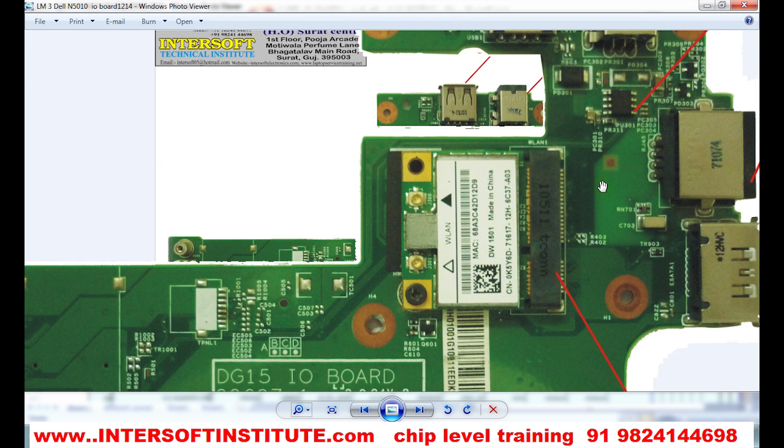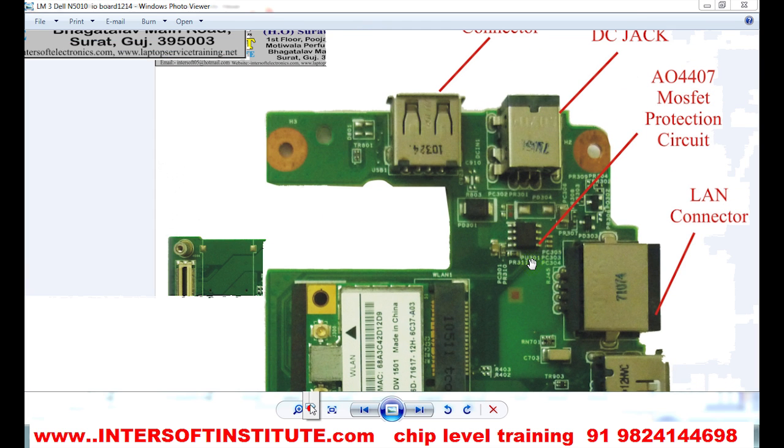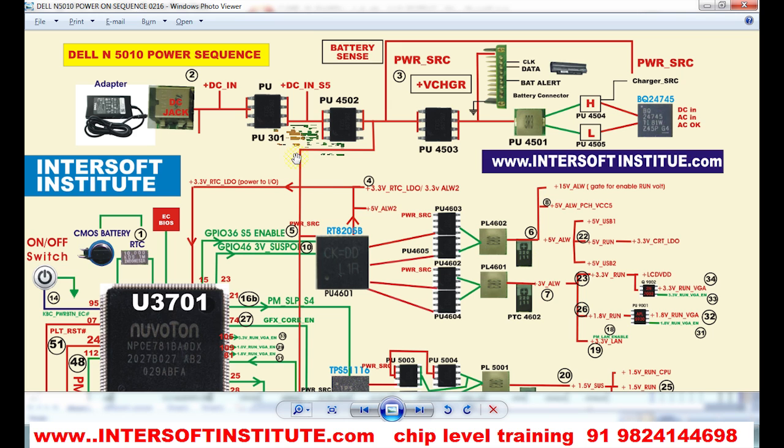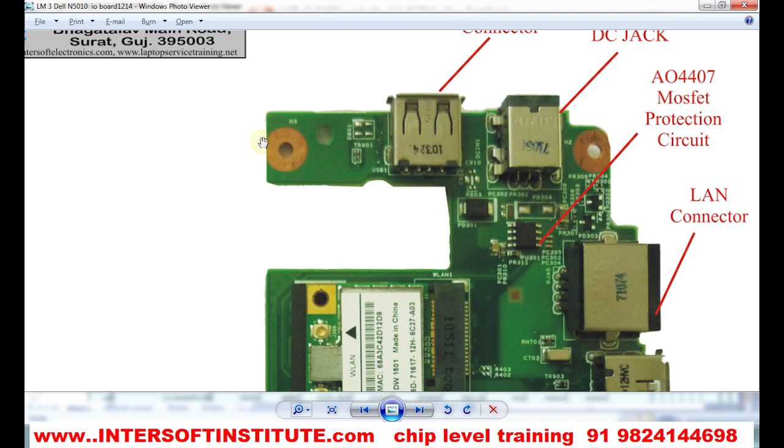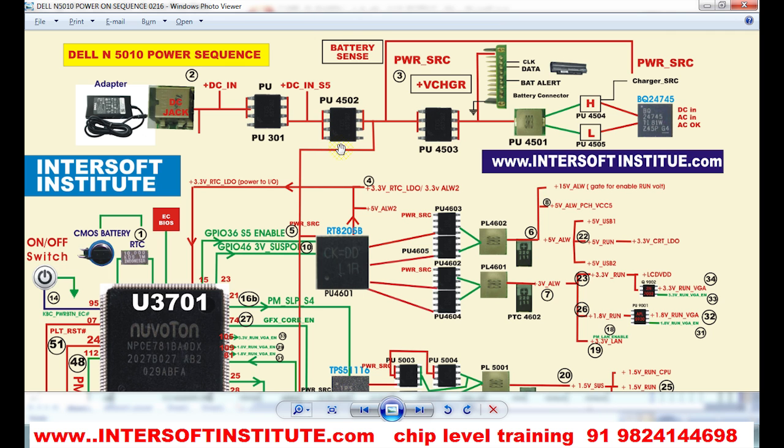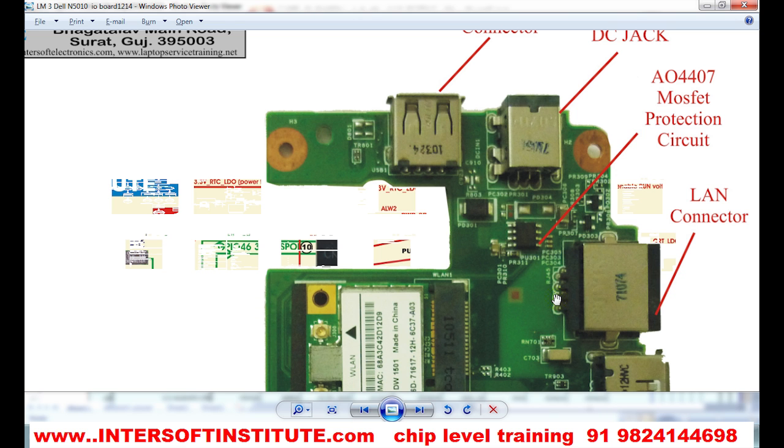You can check here. The first MOSFET is PU301 and here is also PU301. Other things are there, like the PQ diode, fuse, bypass capacitor, ceramic capacitor and diode. You can see PU301 here and here. So this is the protection section of the DC jack.